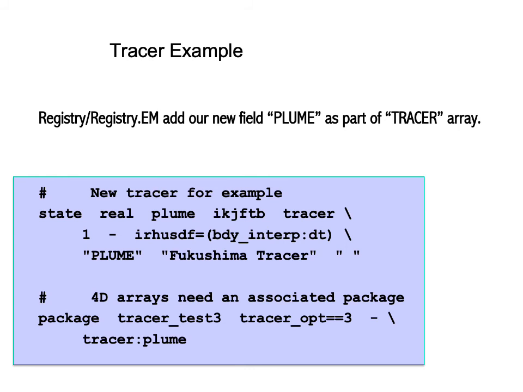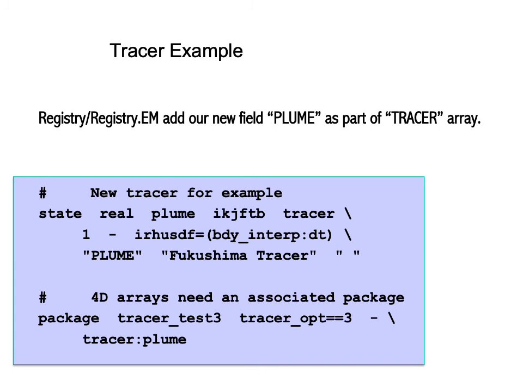Our new component name is going to be called plume. So we make a copy of one of the tracer components, and we edit it so that the previous name of a component is swapped for plume. We change the name of the variable that's going to be in the netcdf output file, which is uppercase PLUME.